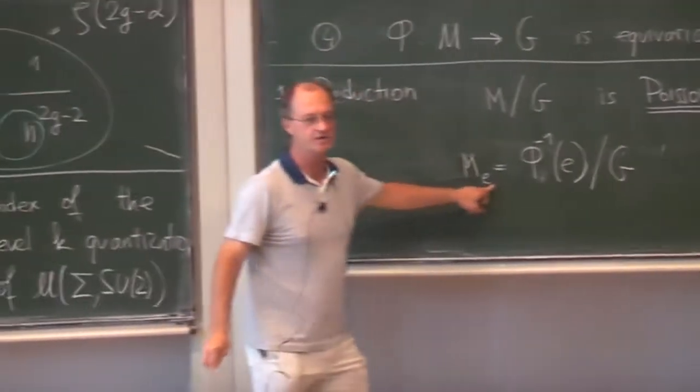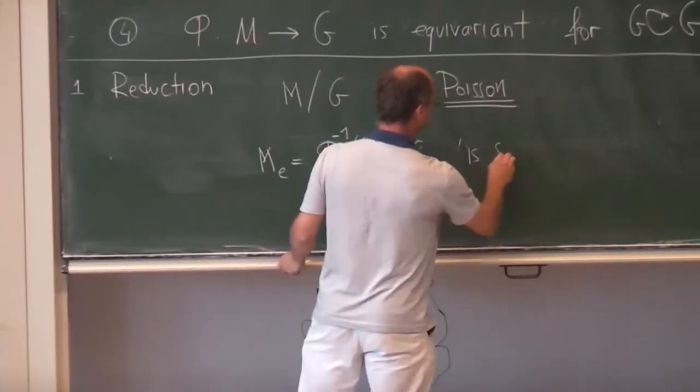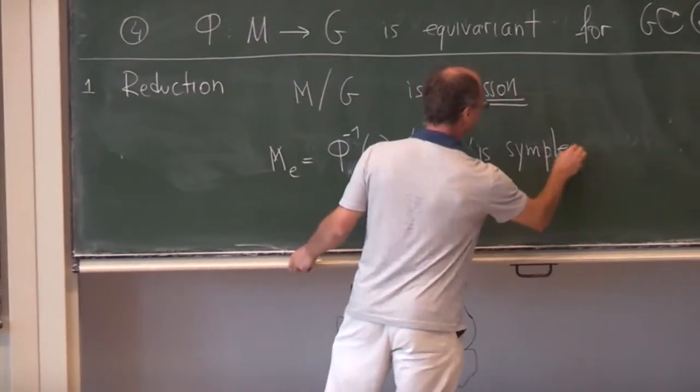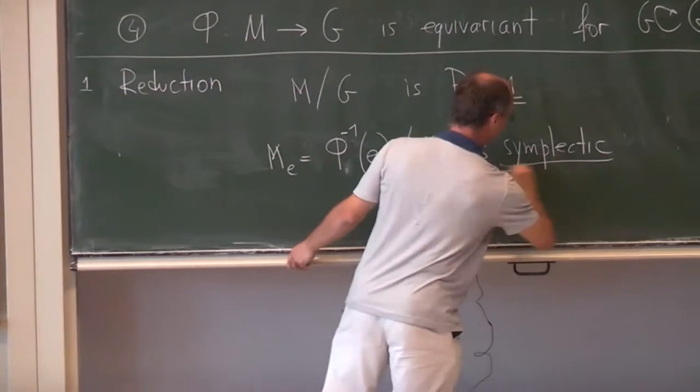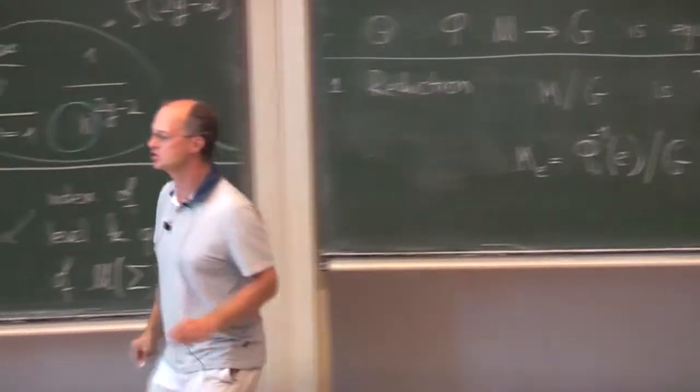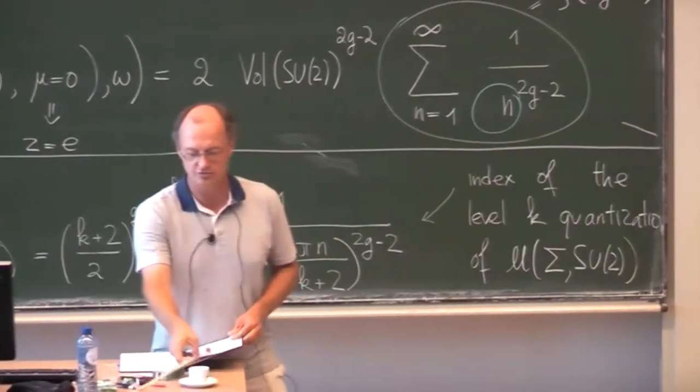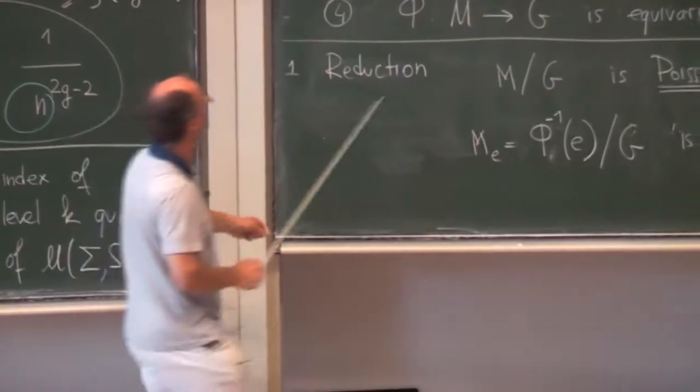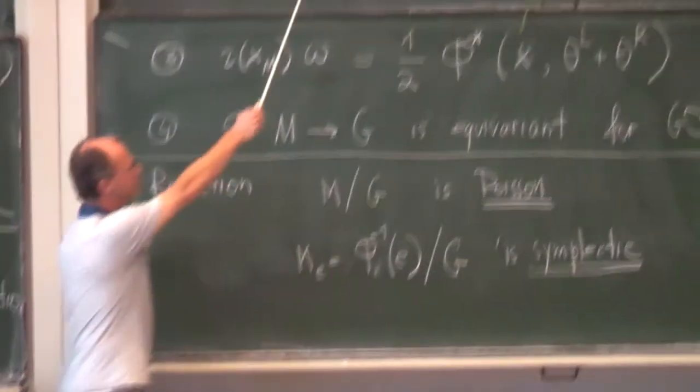So the reduced space is symplectic. So all those pathologies of the two-form go away once you proceed with the reduction.